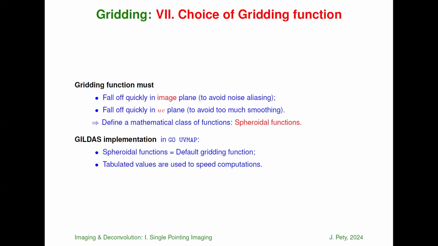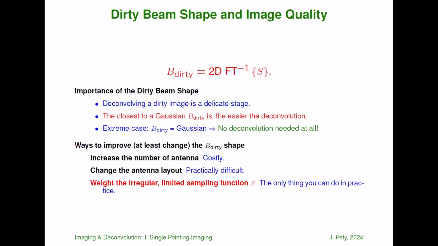That's a detail for you, but just know that in the GILDAS implementation, the spheroidal function is the default gridding function. You can use other ones, but we discourage this because those are the ones that best meet the requirements I've just put here. So spheroidals need to be tabulated, but that's also a detail, to have fast computation.